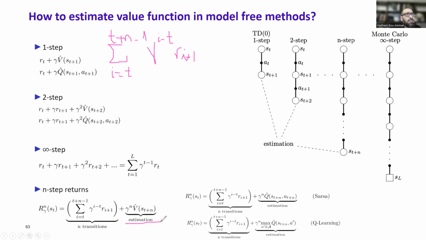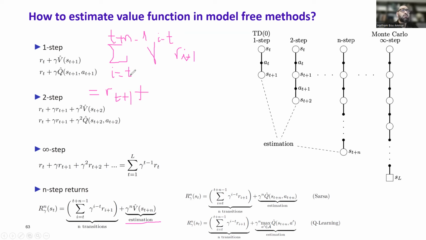For a second, let's forget about the other term and understand what this term looks like by looping it forward. It starts from i equals t, so gamma to the power t minus t, which is gamma to the power 0, and then you get R_{t+1}.